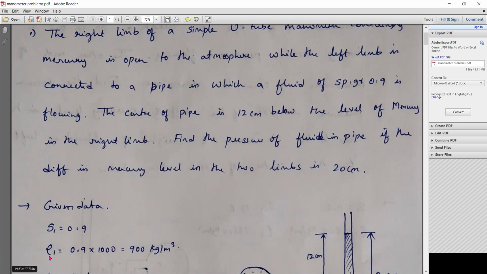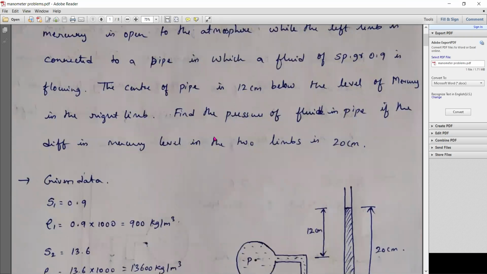Next, this is rho1. Write the symbol properly, rho. Rho1 equals specific gravity into 1000, that is 900 kg per meter cube. You can write here: density of the flowing fluid, rho1 equals 900 kg per meter cube. Right. Next, what did he give? He gave the readings here, H1 and H2.